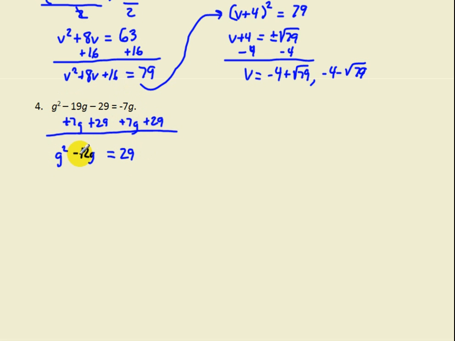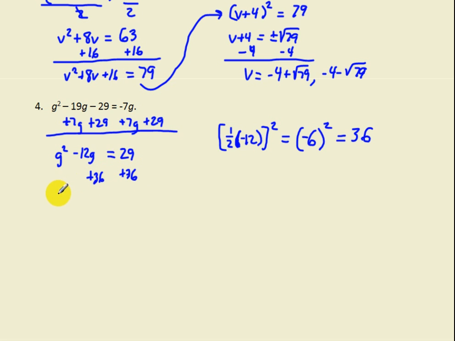So now we look at half of 12. And notice it doesn't really matter that it's a negative 12 because we're going to end up squaring it anyway. So we take half of negative 12 and square that. So this is equal to negative 6 in parentheses squared, which is a positive 36. That's what we want to add to each side. So plus 36 plus 36.